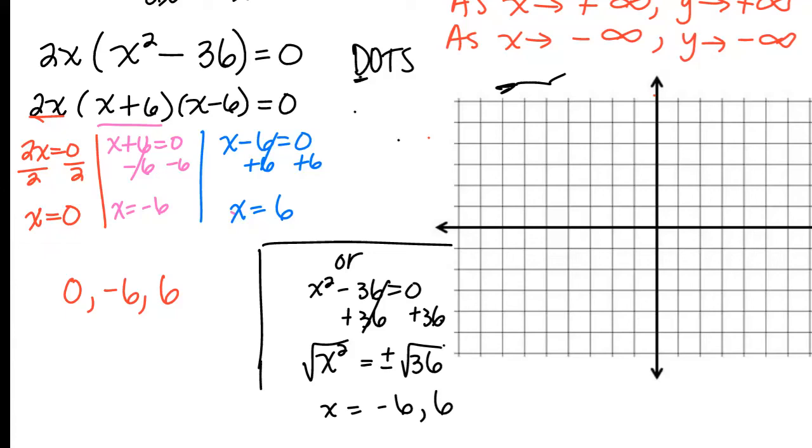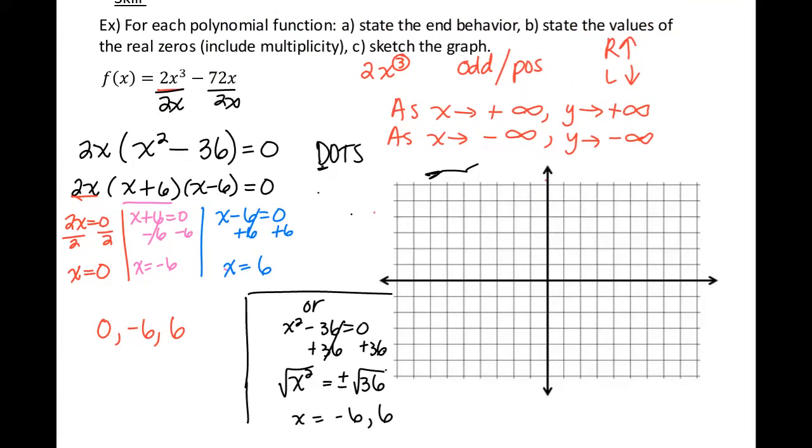All right, so I have my zeros and I have my end behaviors. Now I can graph it. We're going to do our scale from negative 6 to positive 6. And then for my zeros, none of those have multiplicity, so it's just a regular dot at negative 6, 0, 0, and positive 6.